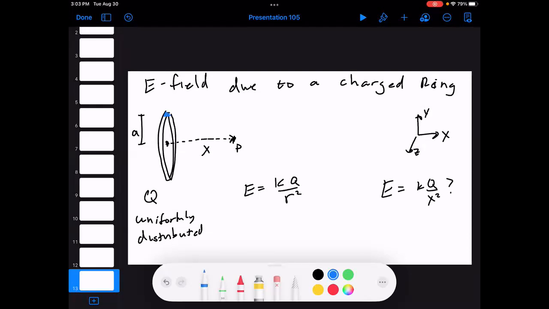When we start chunking this up, that'll be a dQ, right? And that's going to be R right there. So is dQ closer to that point, or is it further away than if I had all my charge in the center there? Yeah, if I had all my charge in the center right there, it would be closer to that point P, and therefore the electric field would be stronger.